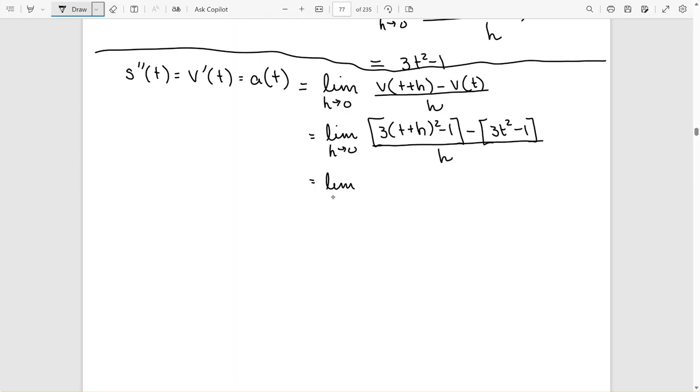So let's go ahead and compute that out. We're going to take 3, and then t plus h squared is t squared plus 2th plus h squared. That's foiling this out. Minus 1. Distribute the negative.